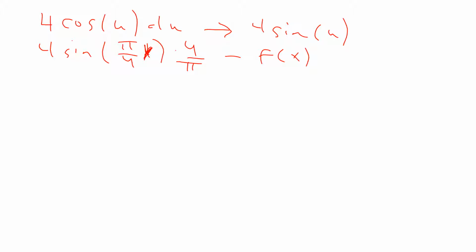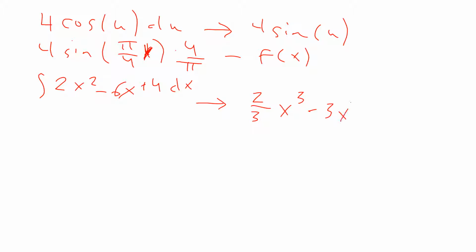We're just going to be taking the antiderivative of 2x squared minus 6x plus 4 dx. This is a pretty standard antiderivative. It's just going to be 2/3 x cubed, because you remember we're adding 1 onto the exponent and figuring out what our new constant's going to be, minus 3x squared plus 4x from 0 to 2.